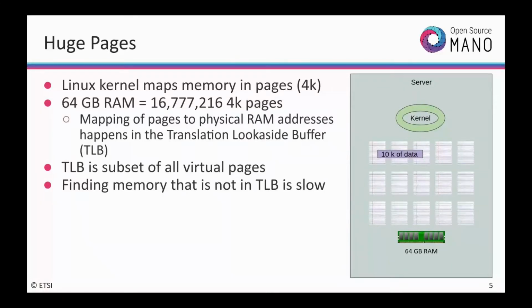So this is how we keep track of virtual memory, which includes swap versus physical memory. There is a translation buffer inside of the Linux kernel that says, okay, I can have 128 gig of virtual memory, 64 of which is physical.